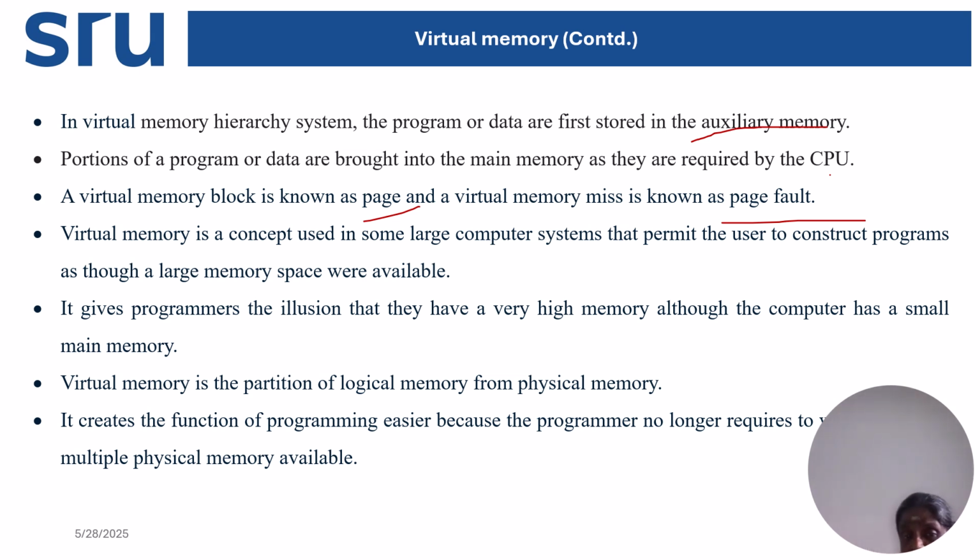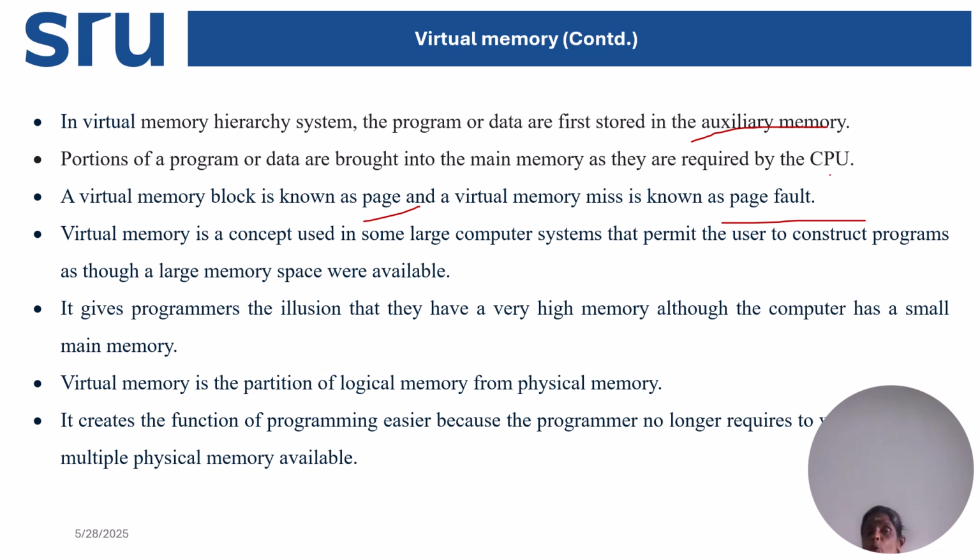It gives programmers the illusion that they have a very large memory, although the computer has small memory. So the computer has smaller memory, but for usage, the user may get a very huge memory size. Actually, the computer's memory size is very small, but how come we are getting such a large expansion of memory for our larger code?